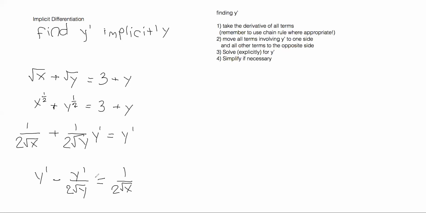All right, and then we just want to factor out a y prime from both of our terms right here. So factoring out a y prime, we're going to get 1 minus 1/2 square root of y.